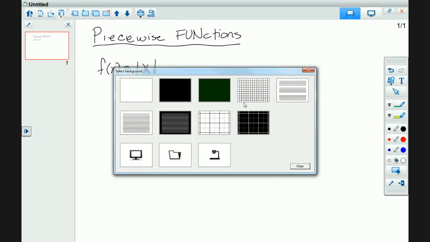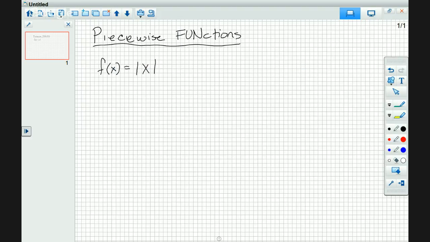If not, watch close. So we have the absolute value of x.